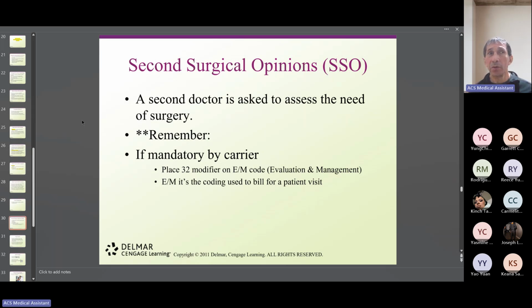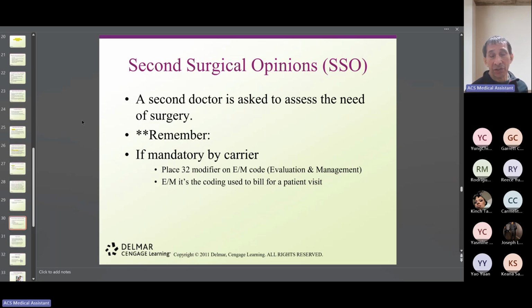So when something goes beyond what was planned, when a surgical procedure or something else, or a diagnosis or a treatment requires something beyond what your insurance pays, we're going to use something that is called a modifier. So that's basically what it is. A modifier is 2 digits, just like the example that we have right here: place 32 modifier for EM, which stands for evaluation and management.